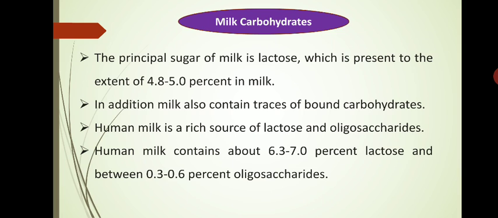So the principal sugar of milk is lactose. You all know that lactose is the principal sugar present in milk, up to 4.8 to 5%.